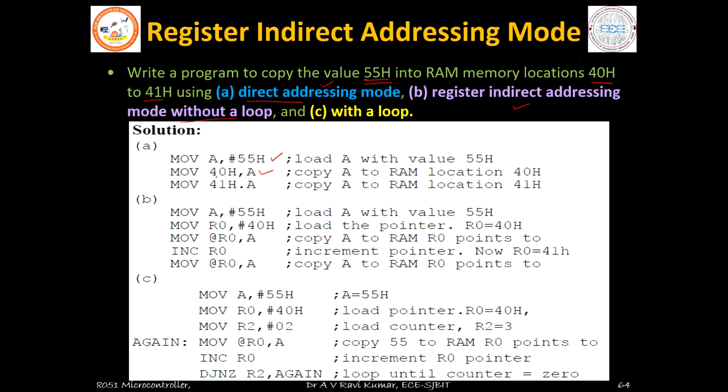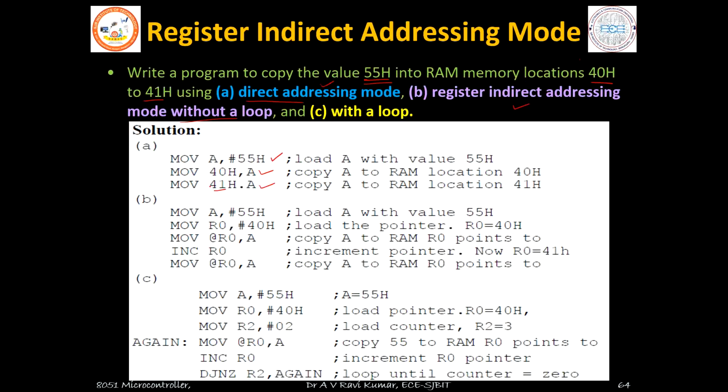So I put the accumulator content directly into 40H, and similarly into 41H. I directly mention the address as 40 and 41. So this is your direct addressing mode.